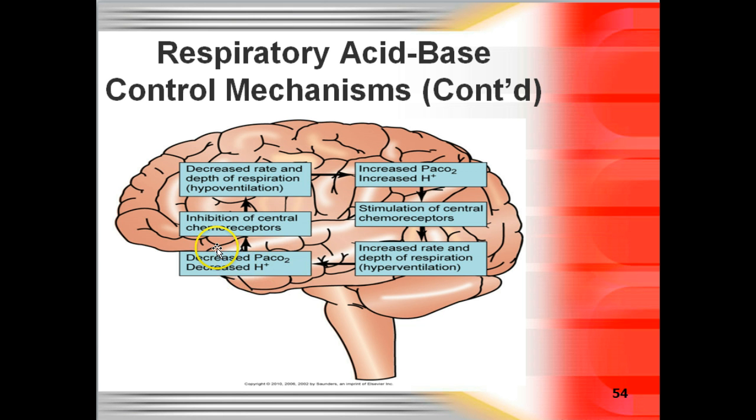Then if you hyperventilate, you'll have more PaCO2 and increased hydrogen, which stimulates your central chemoreceptors, and you'll increase the rate and depth of respirations. You'll start hyperventilating and blowing off. So it's going in a big circle.